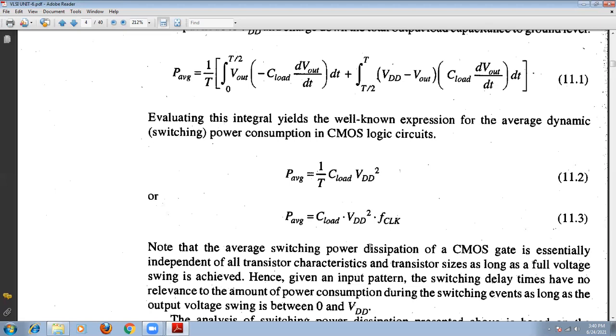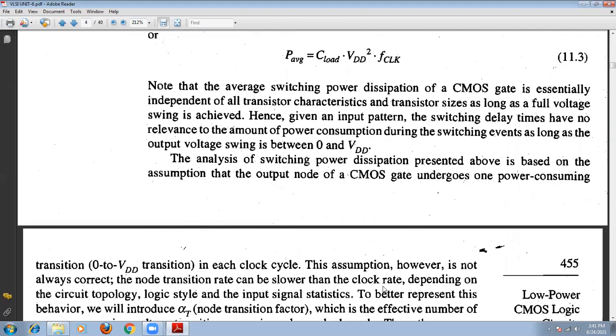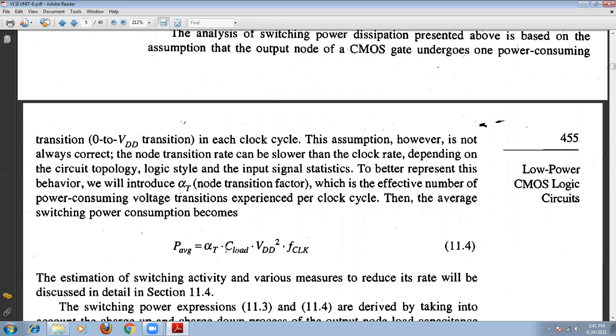Depending upon this node transition factor, the average switching power consumption becomes alpha T into C load into VDD whole square into F clock. So this is the total average power, remember.